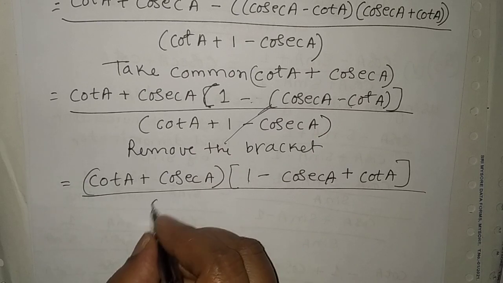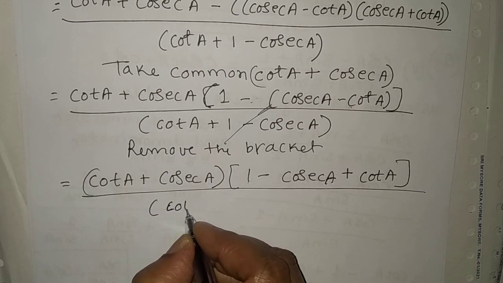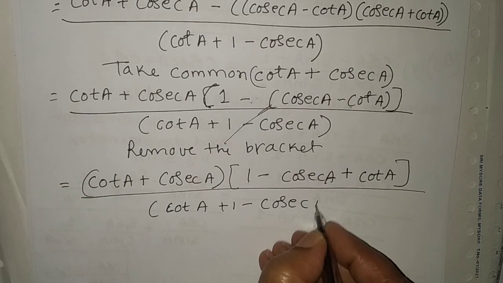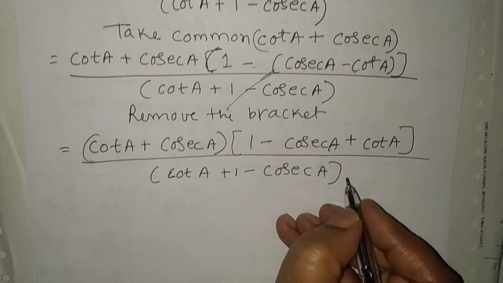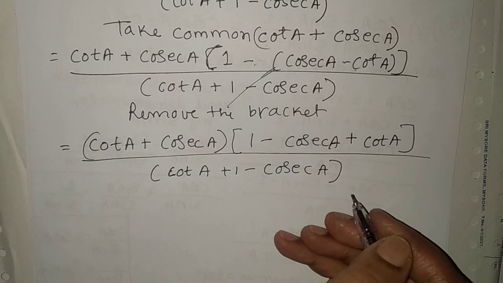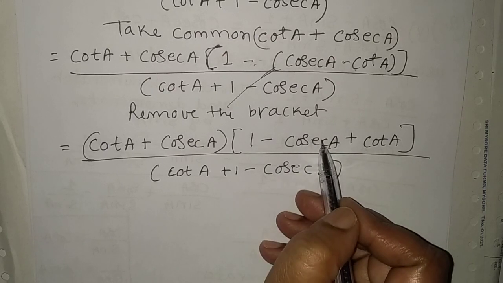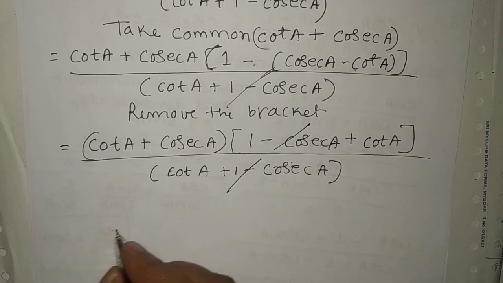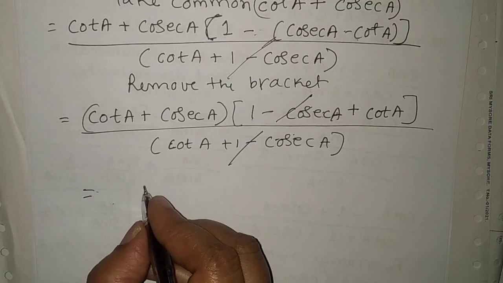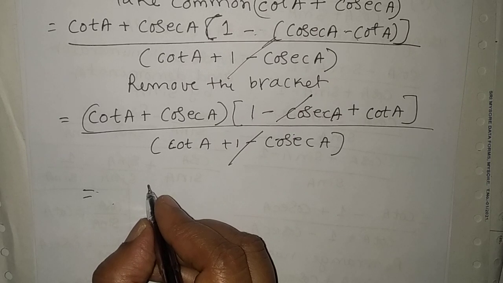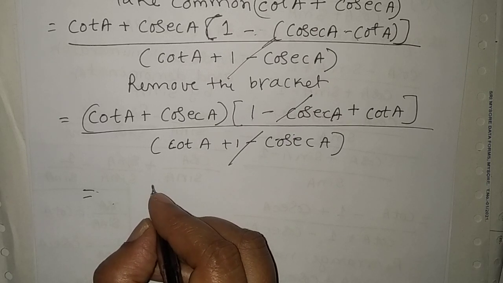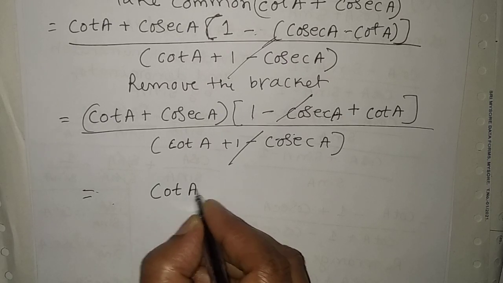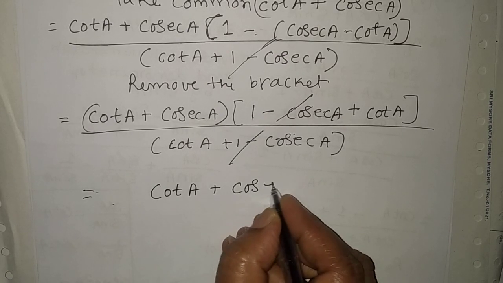Then write down the remaining things as it is, cot A plus 1 minus cosecant A. There is a common factor between these two, so this and this cancel. Finally what remains is cot A plus cosecant A.